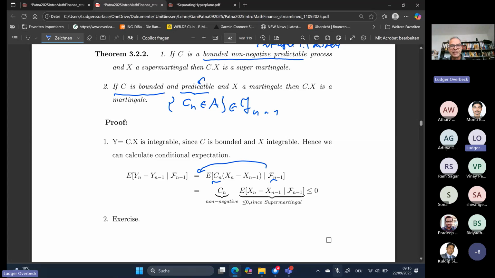Supermartingale is the general theory, but a consequence of this is that if C is bounded, then we don't need non-negativity. If this is a martingale, this is 0. Then it's also 0.